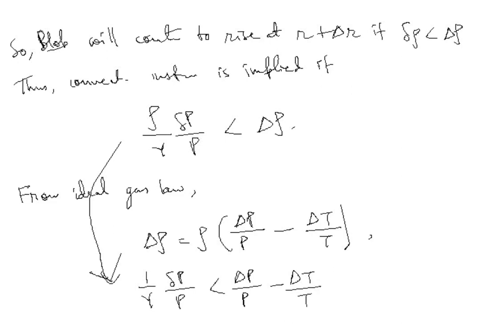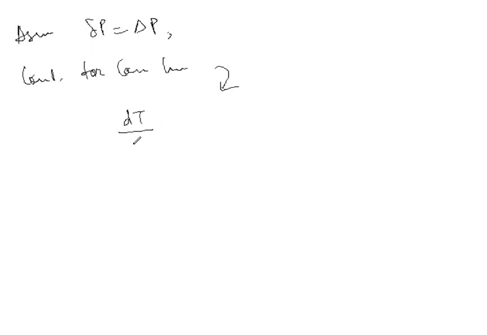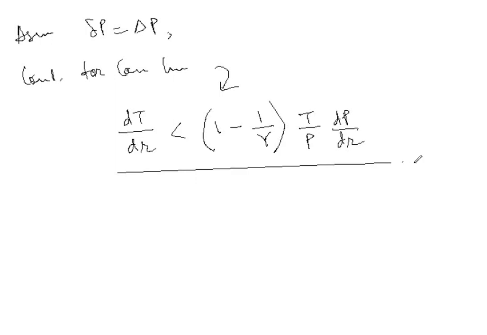Now let us assume that these two are equal, and then reverting to differential notation, the condition for convective instability we can write as dT/dr is less than (1 minus 1 by gamma) T by P dP/dr.